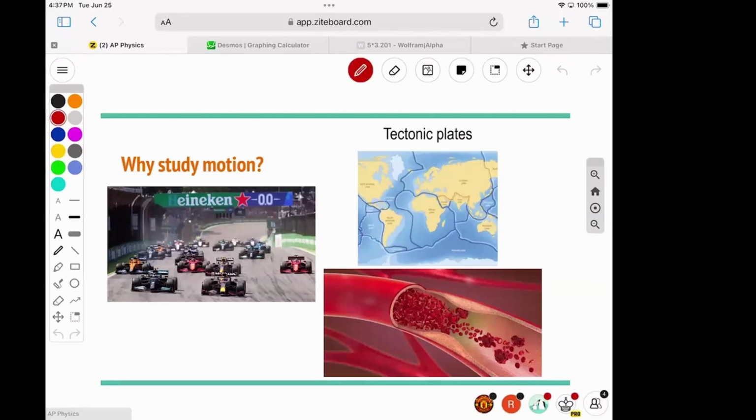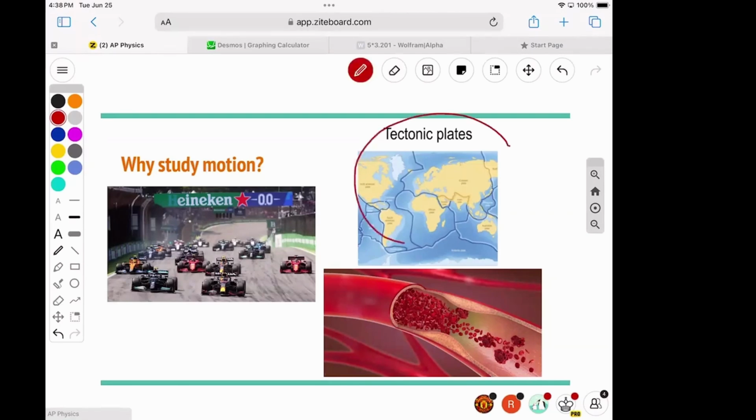So motion, of course, when it comes to racing, when it comes to things that deal with high speed, when you're designing a train or an airplane, you need to pay attention to the acceleration, to the motion, and all that to avoid accidents and fatalities. Also, perhaps the study of motion of blood cells in your veins helps doctors and physicians understand how our body functions, why blood flows the way it does, and helps us defeat some diseases potentially.